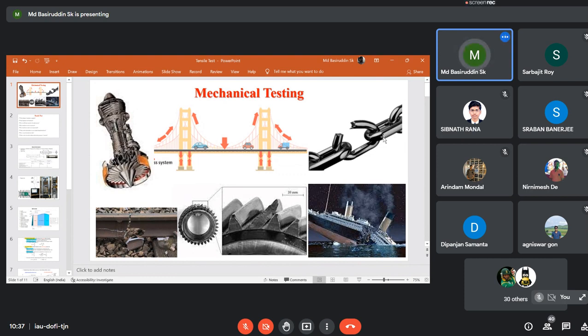From these figures, I think you have roughly got some idea about the different types of loading and how the material fails during service life due to different types of loading, combinations of loading, or individual loading conditions, or the factors that influence the mechanical performance of a material.